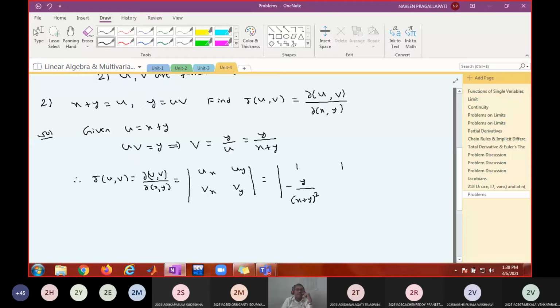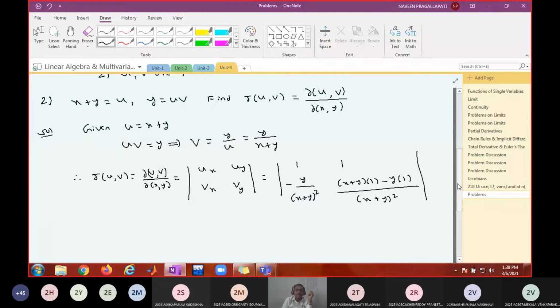What is dou v by dou y? Apply the quotient formula. x plus y times derivative of y which is 1, minus y into derivative of x plus y with respect to y which is 1, by x plus y whole square. Am I right? Quotient rule.